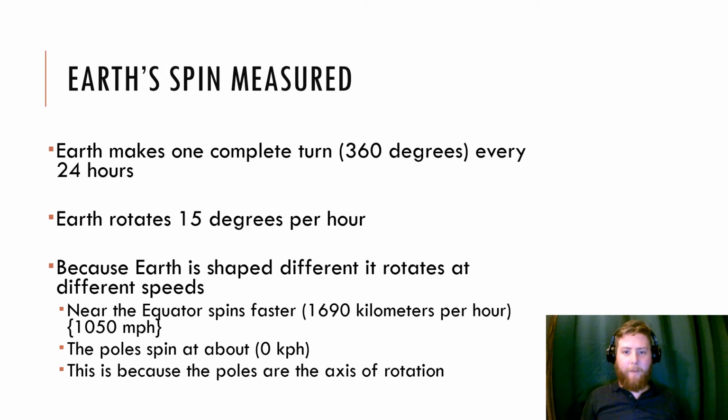So let's talk about measuring Earth's spin. We know that Earth makes one complete turn, 360 degrees, every 24 hours. That means that each hour, Earth is rotating 15 degrees. Because Earth is shaped differently, because it's an oblate sphere, it rotates at different speeds.